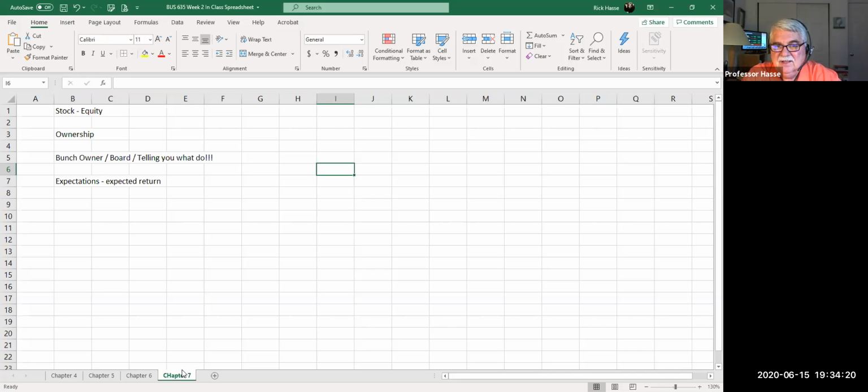It finally took Tesla 10 years to make a profit. They've made a profit the last couple of quarters. 10 years of losses. Why would you invest in Tesla? Why? The future. I'm willing to not make any money now because I'm going to make money in the future.